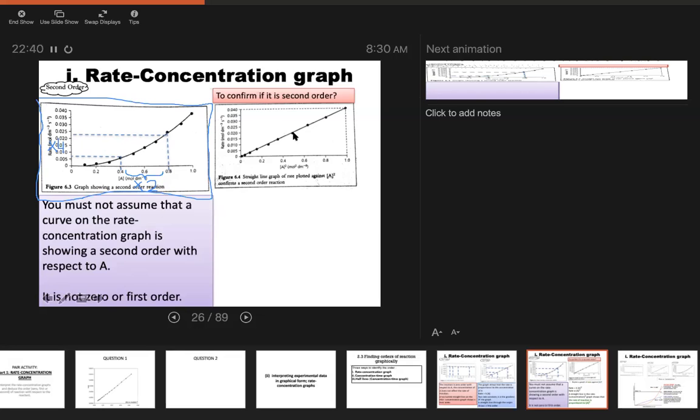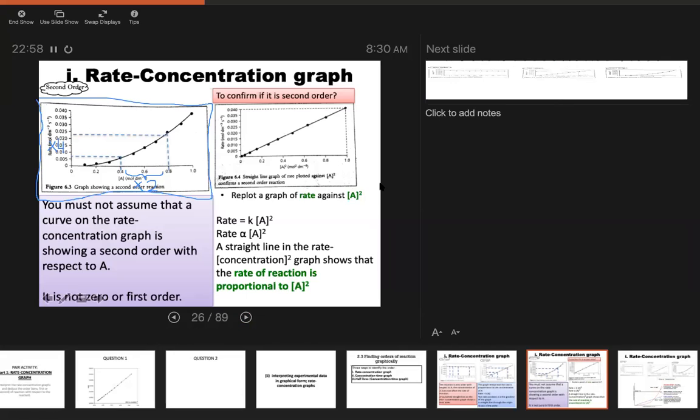Okay, to confirm if it is second order, if you plot a graph of rate against the concentration squared, then you will get a straight line. Why?